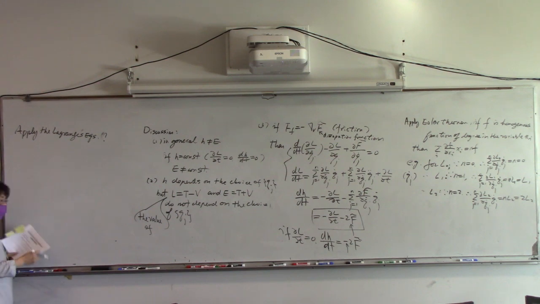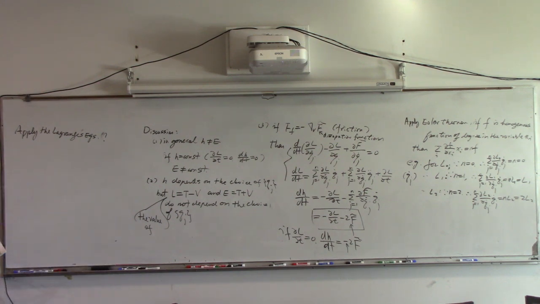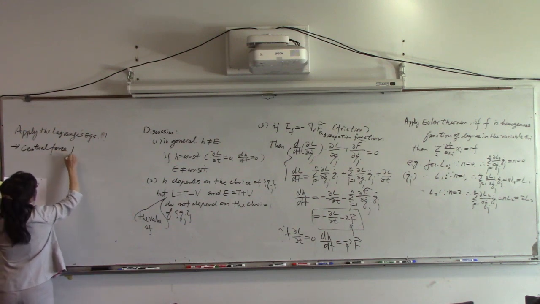And for one example, since we do not have time to cover all the other cases, in this textbook I select only the central force. Let's go to the central force problem.